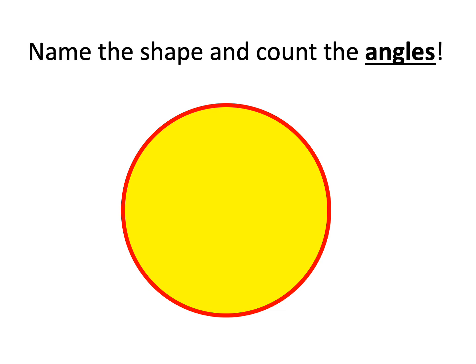What's the name of this shape? Can you count the angles on this shape? How many angles does this shape have, boys and girls? 0. There are no angles in this shape, and this shape is called a circle. Very good.